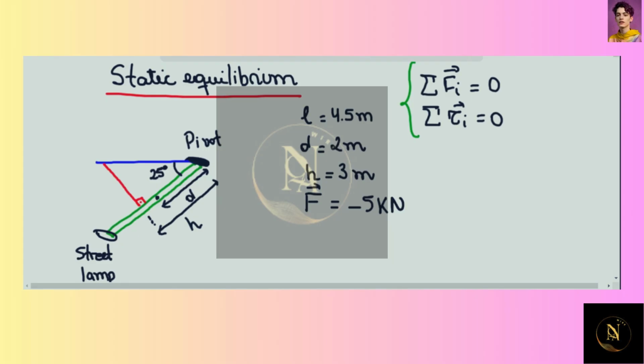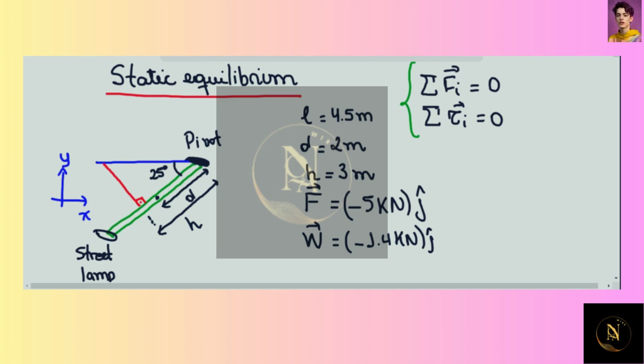I wrote it with a minus sign here because I'm setting up a coordinate system where the y-axis points upwards and the x-axis to the right. So the weight force is equal to minus 1.4 kilonewtons in the j direction.